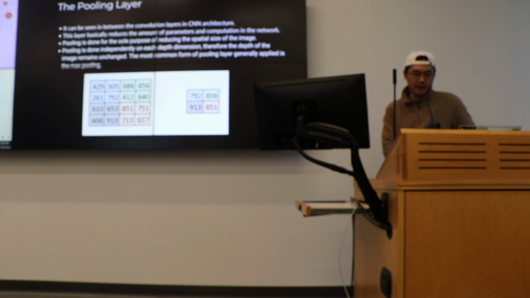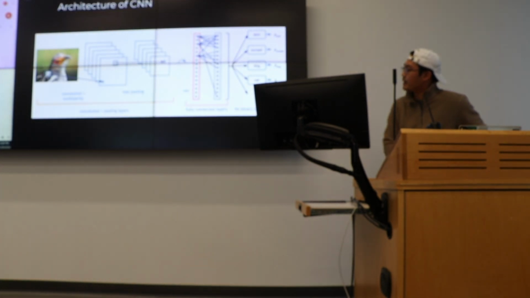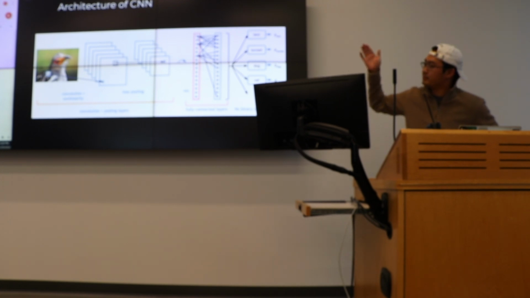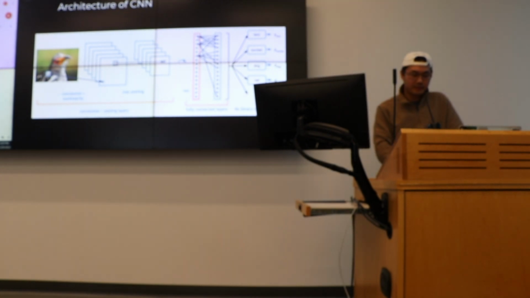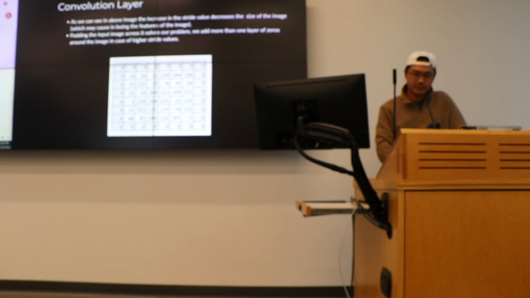All right, and that kind of covers the convolution layer. If we go back to our architecture, that was the first part. Now we're getting into the max pooling part. This is another layer in our network.